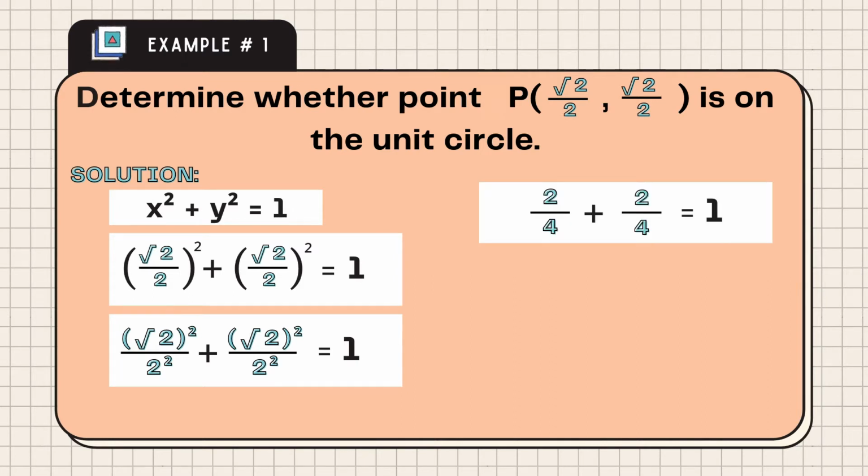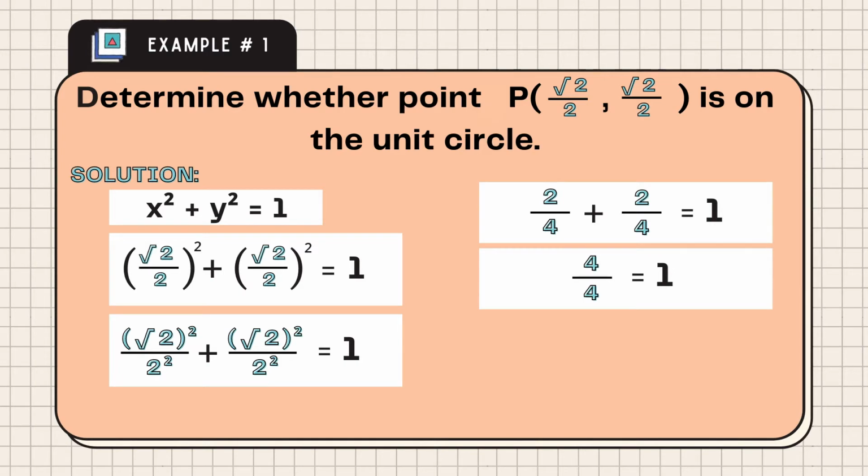So with this, we will have 2 over 4 plus 2 over 4, since when you square the square root of 2, it cancels out the square root, leaving us with 2. And 2 squared is equal to 4. The same thing with the other term.